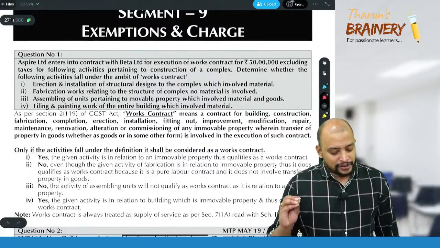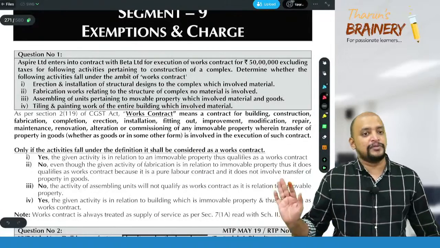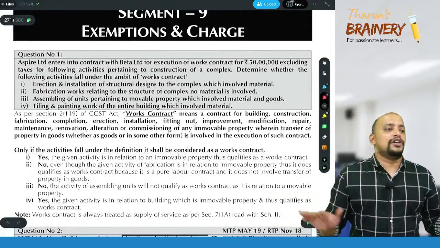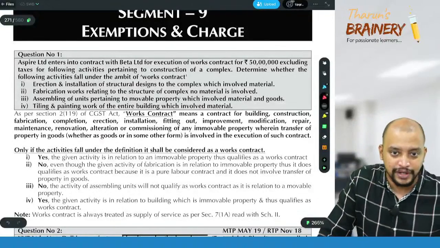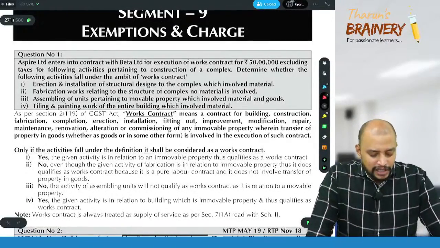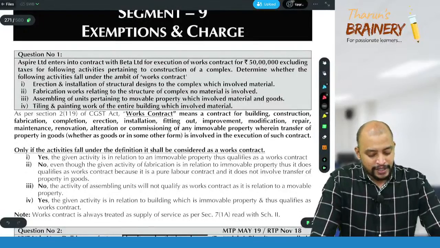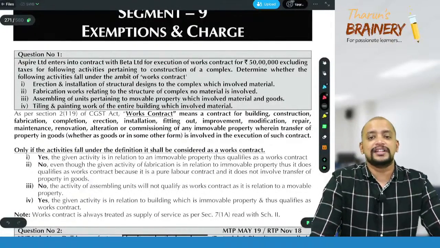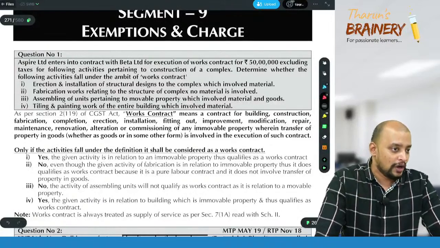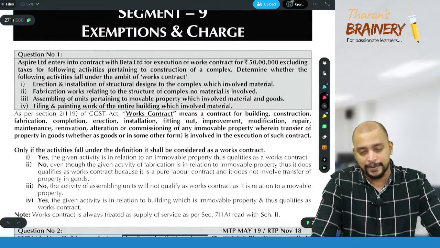Fabrication work relating to the structure of the complex, no material involved. When there is no material involved, it is not a works contract, it is a service, normal labor service, okay. Then assembly of units pertaining to movable property which involve material and goods. So material, goods, service, everything is there, but it is in relation to movable property, so not a works contract.